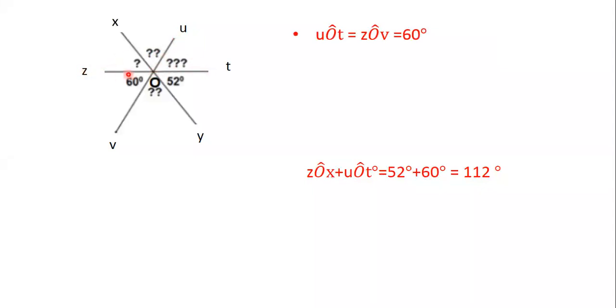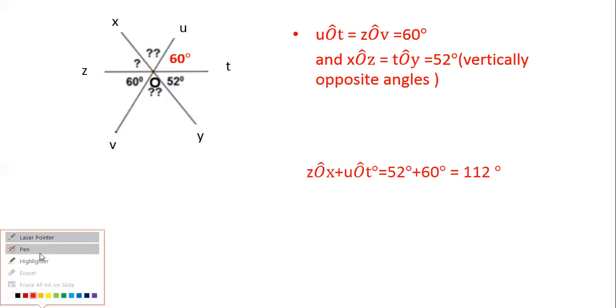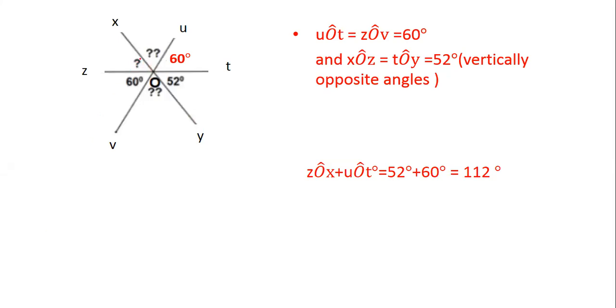UOT is equal to this angle, which is ZOV, which is equal to 60 degrees. They are equal in measure. And I have another two angles equal in measure, which are XOZ and TOV.